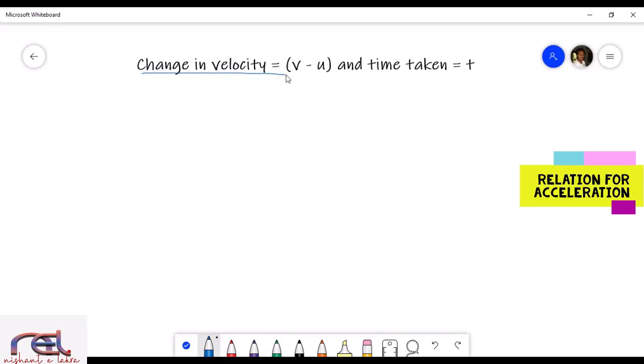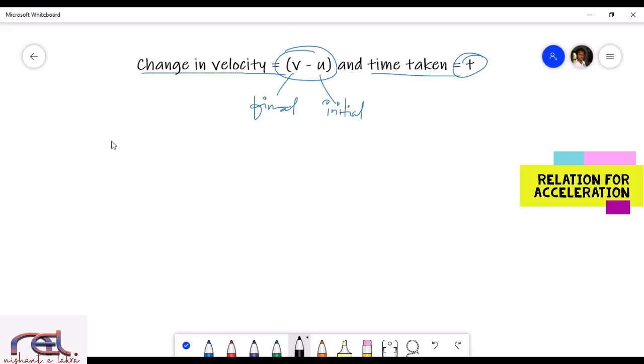Let's understand it further. What's the change in velocity? This is how we find it: final velocity minus the initial velocity, and the time taken is t.